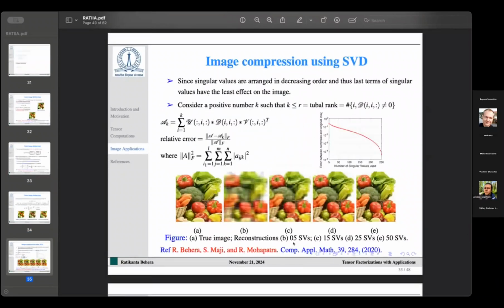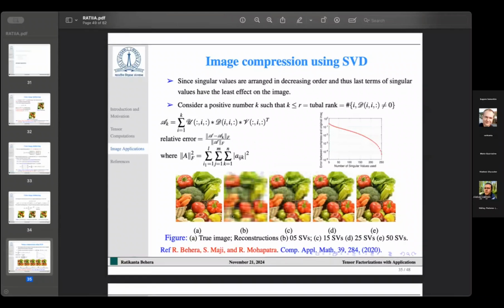And one more application is singular value decomposition. You know that singular value decomposition is a decomposition with the special property that all singular values are arranged in decreasing order, and thus the least singular values have the least effect.